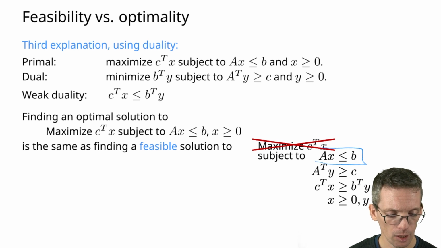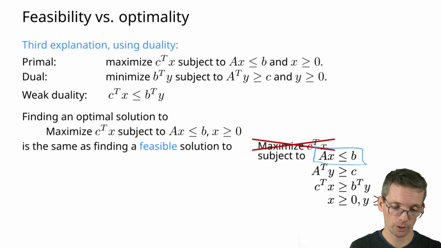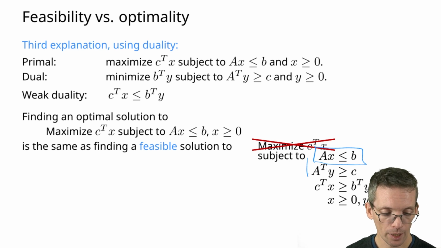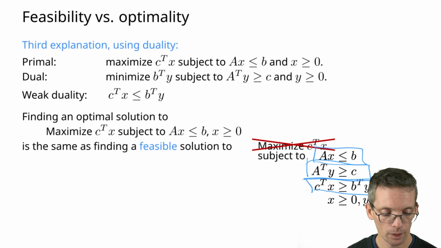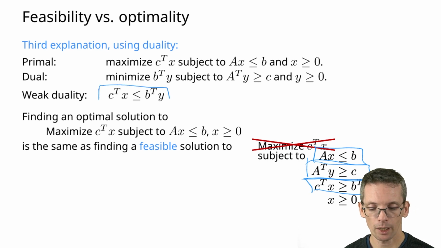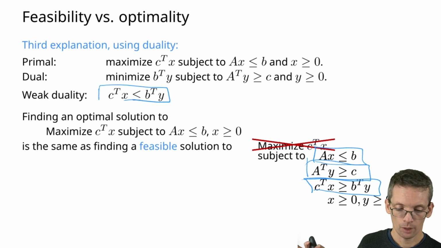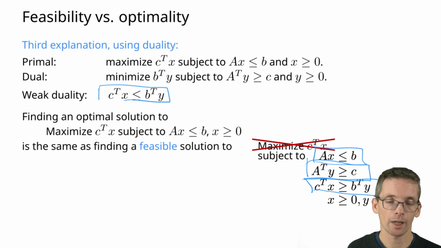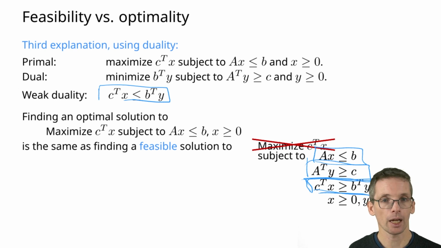My initial LP had simply Ax smaller equal b, but my variables now include both x and y, and I then also add my dual constraints, and I add this constraint here. Weak duality I get for any solution, but I know for the optimal solution I have equality, and I can enforce this by adding this constraint.